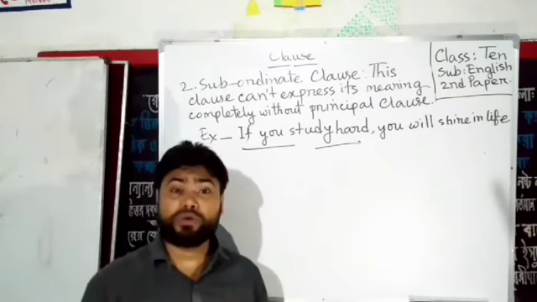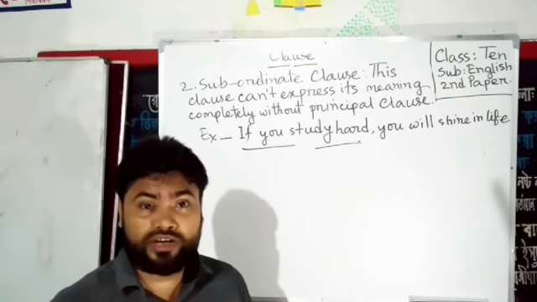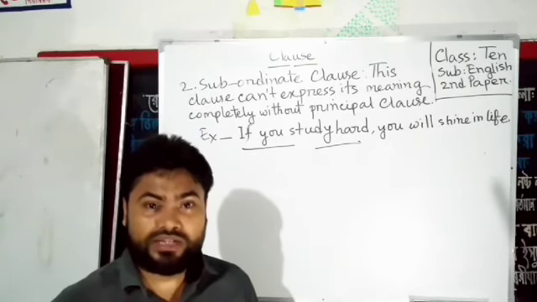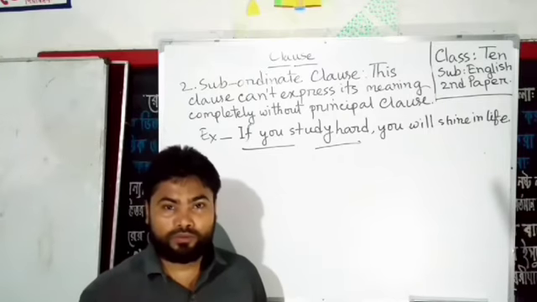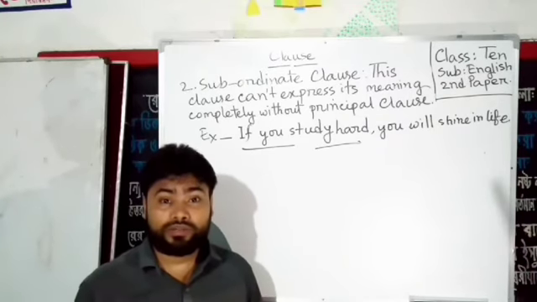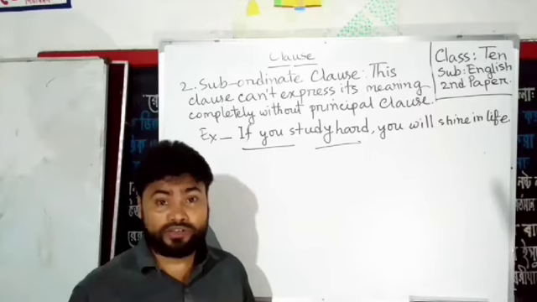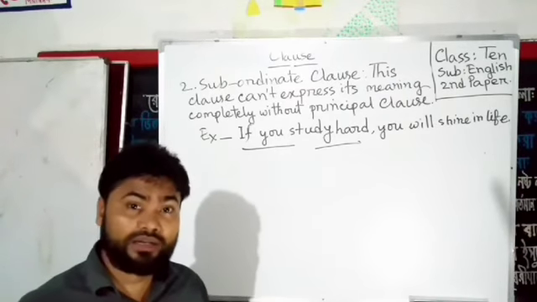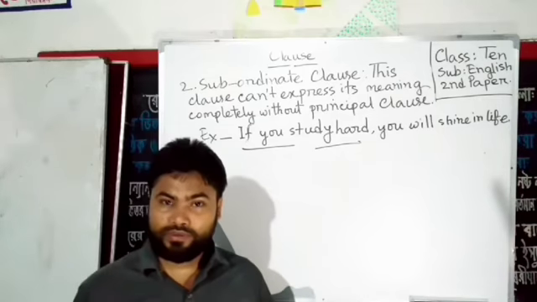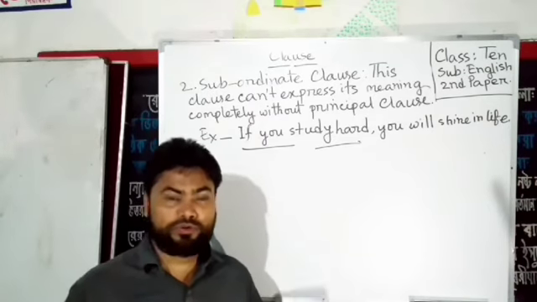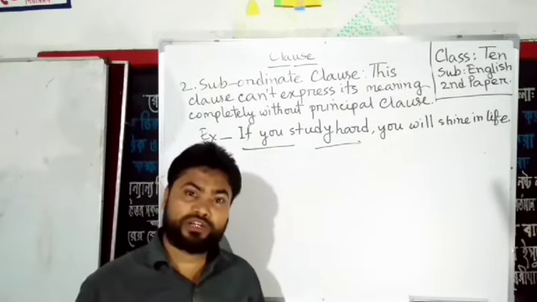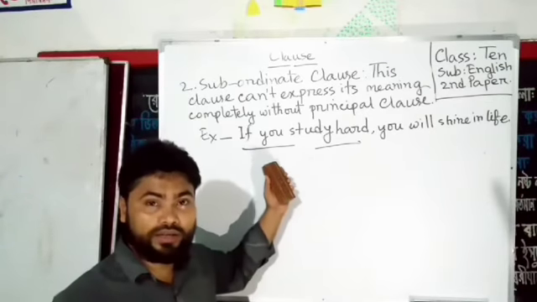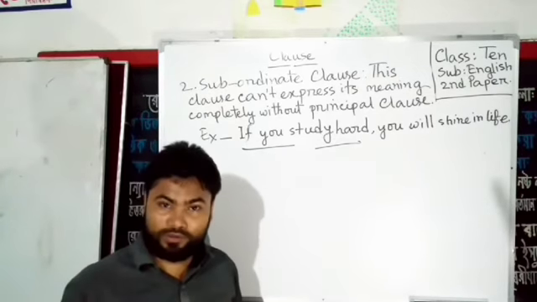Because if you say to anybody, if you study hard, they must ask you, what is after that? What will happen if I study hard? You must have to say then, you will shine bright. So if you write down, you will shine bright, this part will be meaningful.